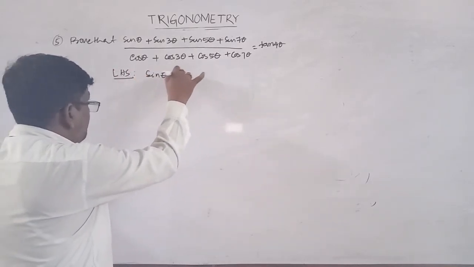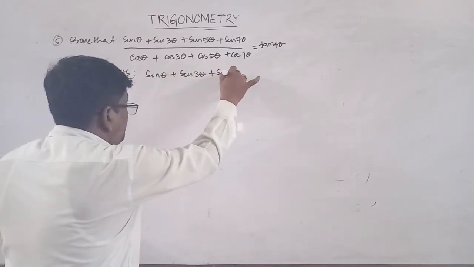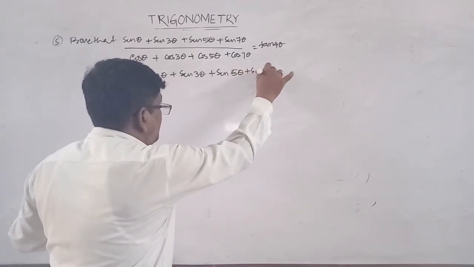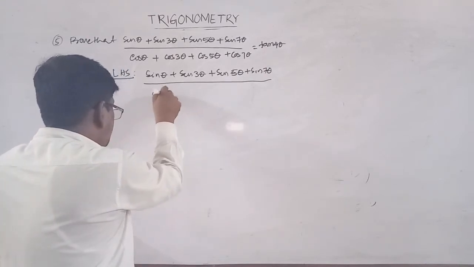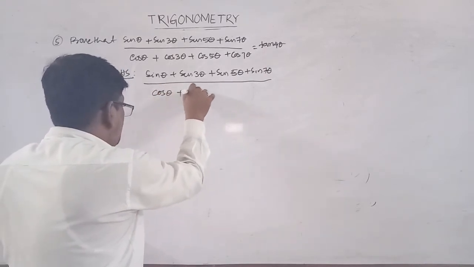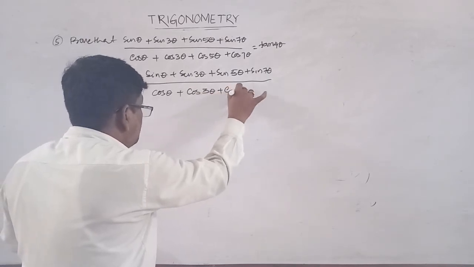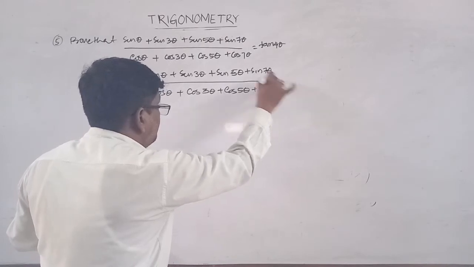Sin theta plus sin 3 theta plus sin 5 theta plus sin 7 theta divided by cos theta plus cos 3 theta plus cos 5 theta plus cos 7 theta.